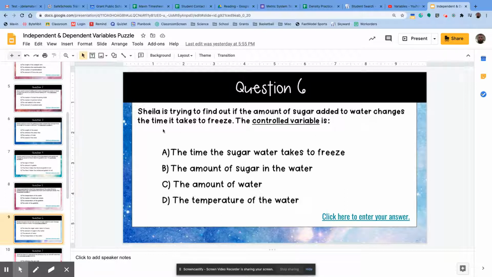And it says changes the time, again, that's that clue that we're going to count or measure that it takes to freeze. So we're taking out time, we're taking out amount of sugar, and the temperature of the water right here is something that we're also measuring. So that leaves us with C, the amount of water, how much water is actually in those cups.